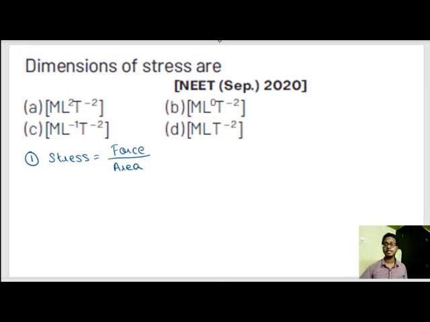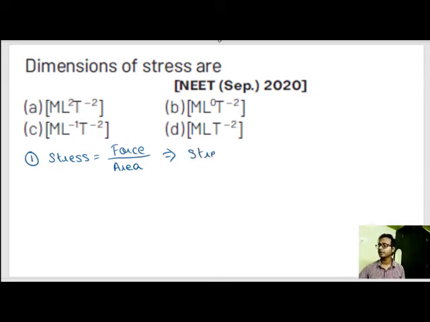Stress, pressure, Young's modulus, bulk modulus, rigidity modulus, whatever modulus you hear, all have the same units and dimensions as stress.